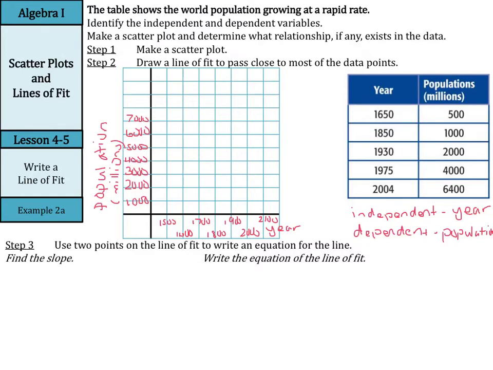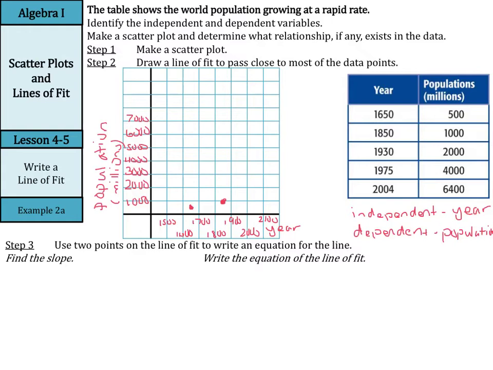Now, 1650, once again, is at 500 million, so that's going to be somewhere in this general neighborhood in between everything. 1850 was up to 1,000 million, so that's going to be right around here. 1930, well, that's 2,000 million.